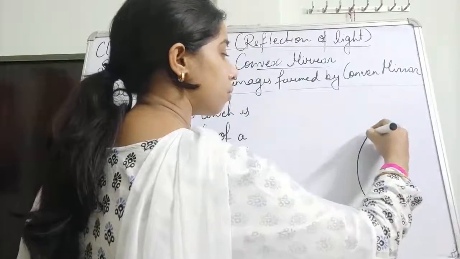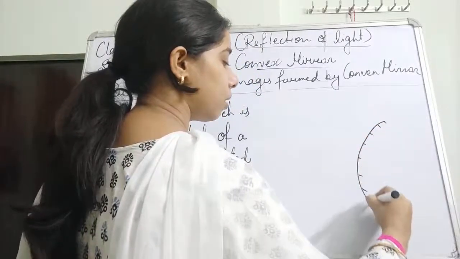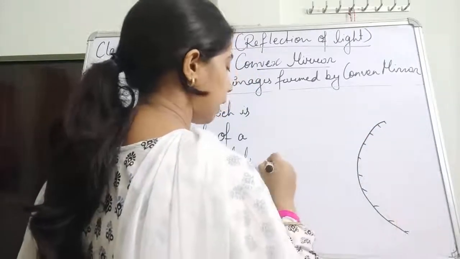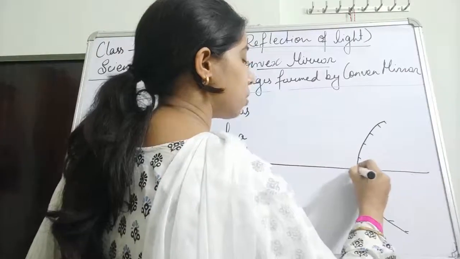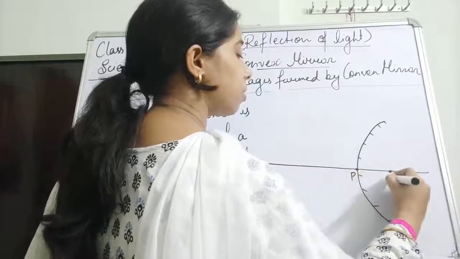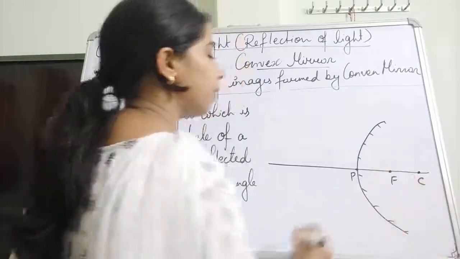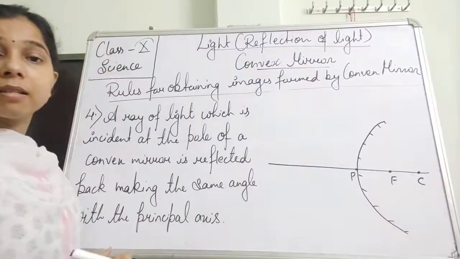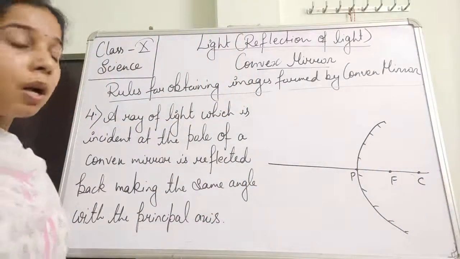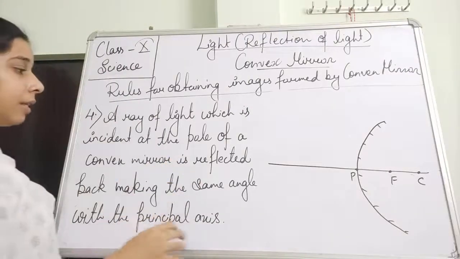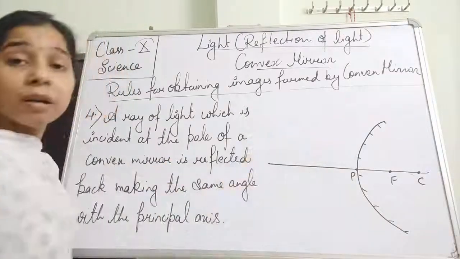So this is what, students, this is the convex mirror, this is the shaded area. Again I am making a pole here. So this is the pole, students. Suppose this is the focus, and this is the center of curvature, this is the principal axis. Then what happened here, when a ray of light is incident at the pole of the mirror?